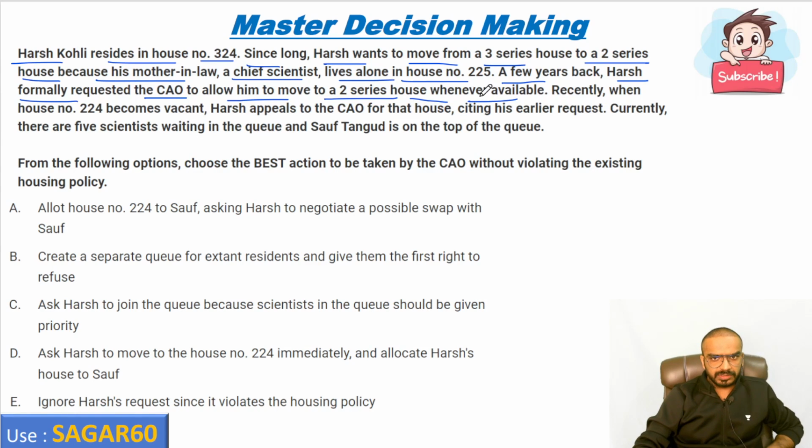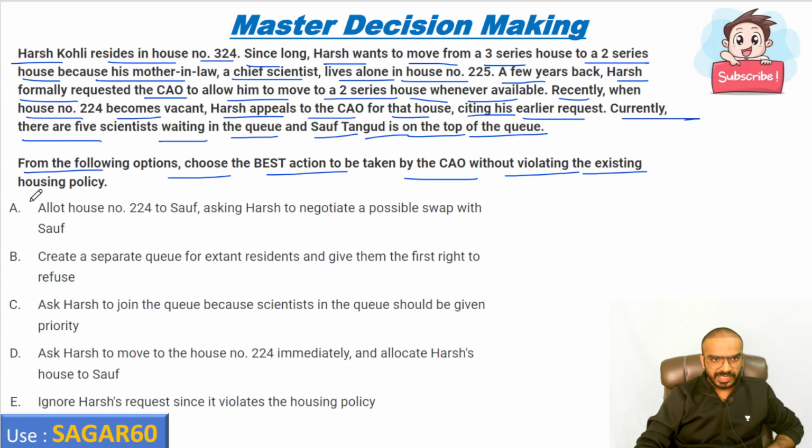Recently, when house number 224 becomes vacant, Harsh appeals to the CAO for that house, citing the earliest request. And currently, there are 5 scientists waiting in the queue, and the SOF is on the top of the queue. Which of the following is the best option taken by the CAO without violating the existing housing policy?